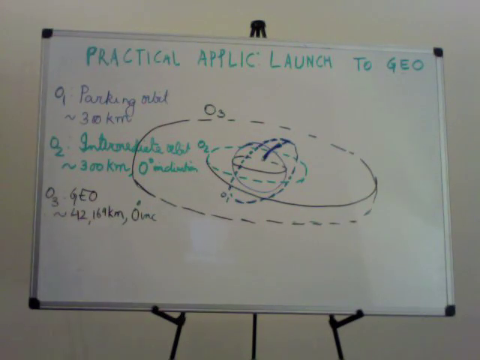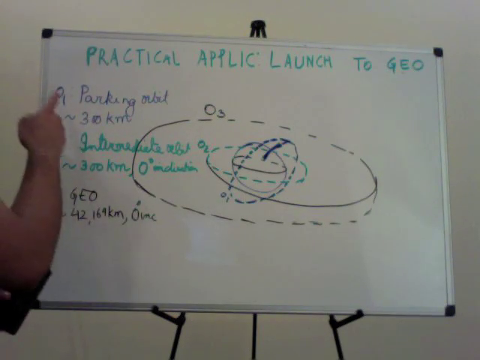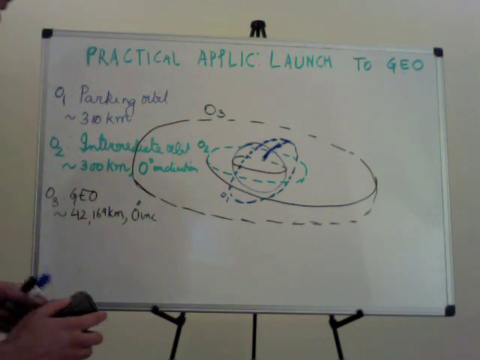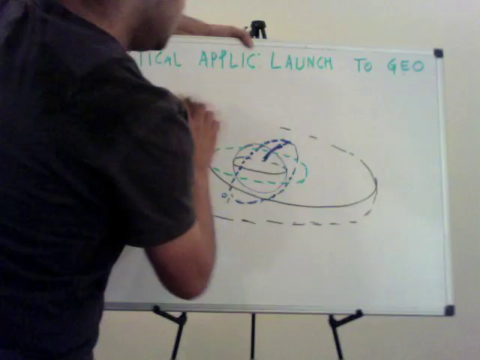The first step was to place the spacecraft in O1, which is the parking orbit.